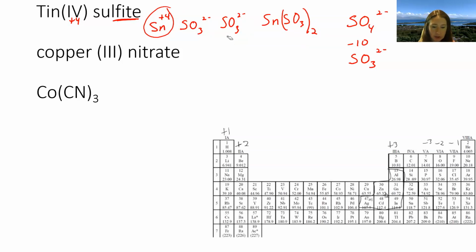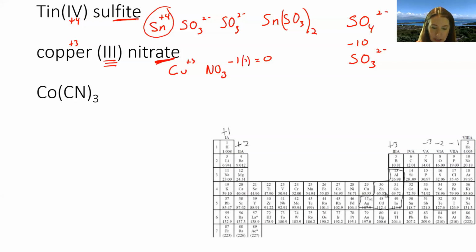Okay, copper 3 nitrate. So again, this 3 means copper, its charge is +3. So it's Cu +3. Nitrate, doesn't say "ide," polyatomic ion. NO3 minus. Again, it has to equal 0. So we have 1 copper, that's a 3+, and 1 nitrate. Well, we need 3 nitrates because we need it to be -3.